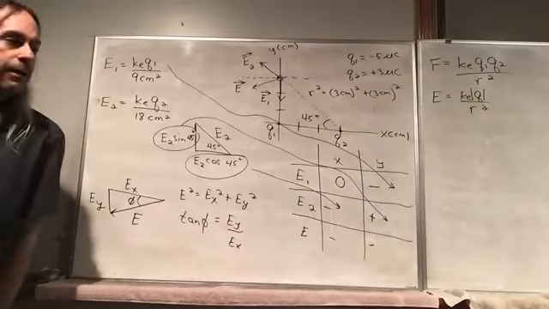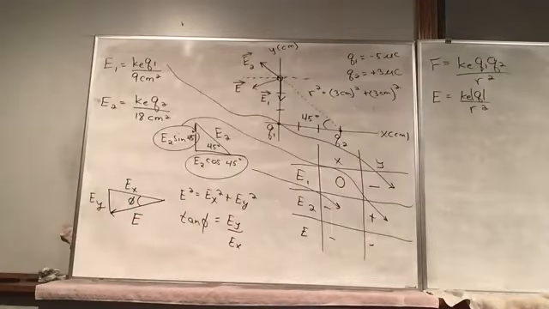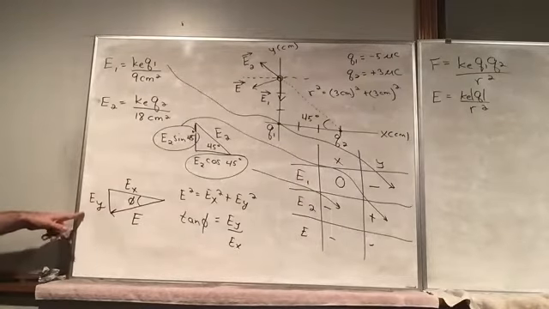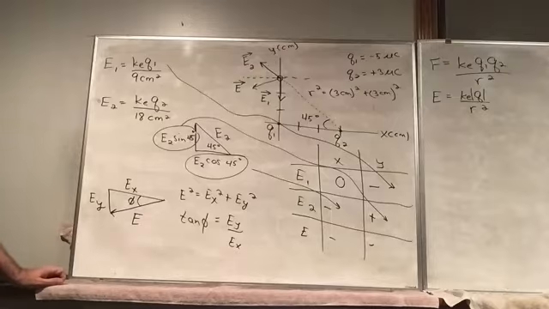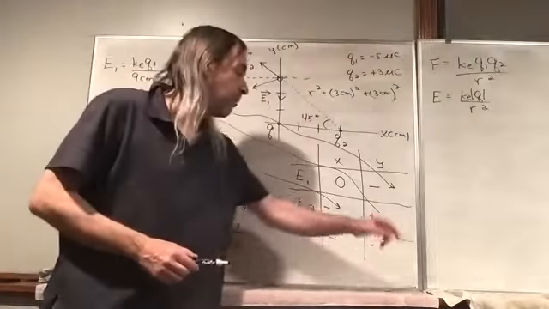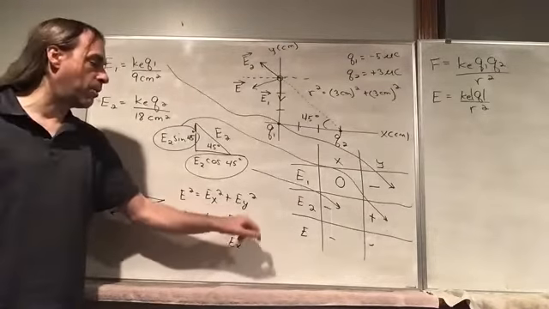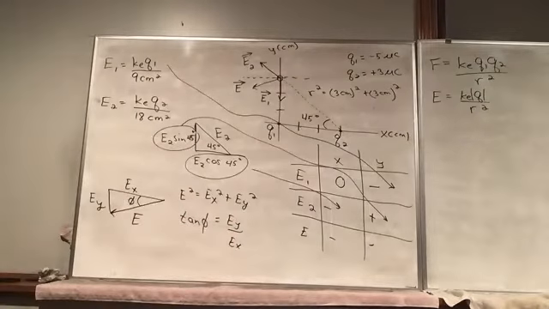Now, I highly recommend, if you're going to do this, that you look at EX and EY as just magnitudes. Like in this case, they're both negative, and it would actually work out in this case. But I would just put in the actual numbers here without a plus or minus sign.